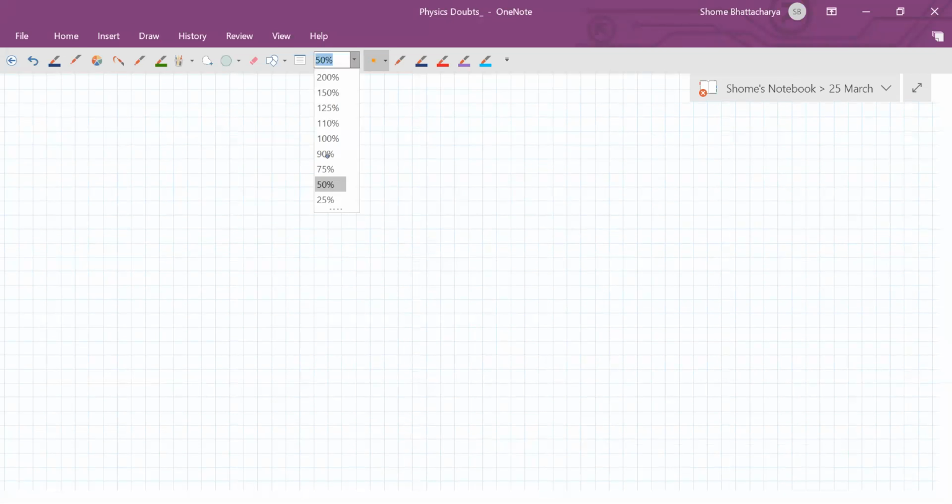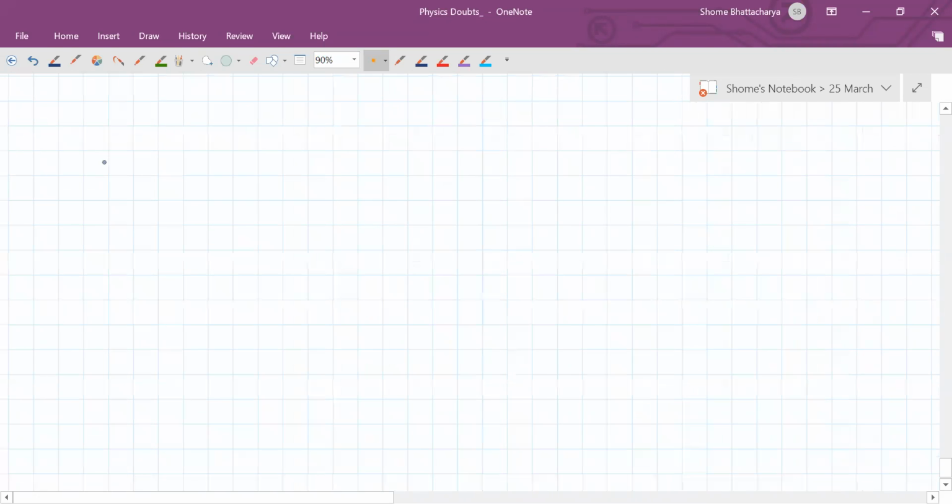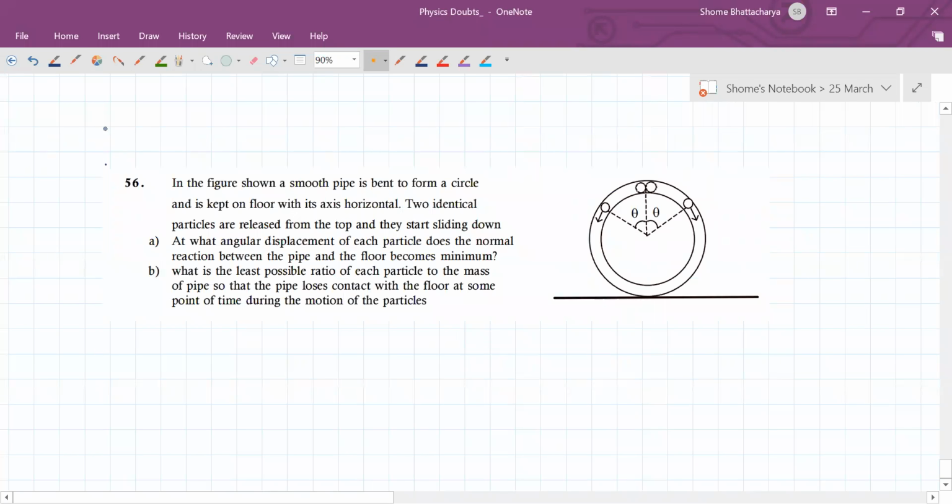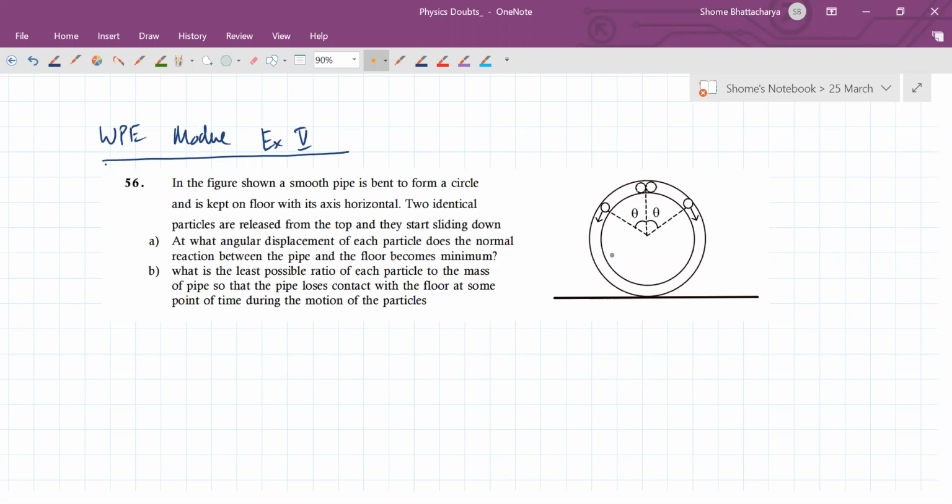Okay, next question, again from module exercise 5. Just go through the question first, then we'll discuss. Basically the two spherical objects are starting from rest, and they come sliding down symmetrically on either side.